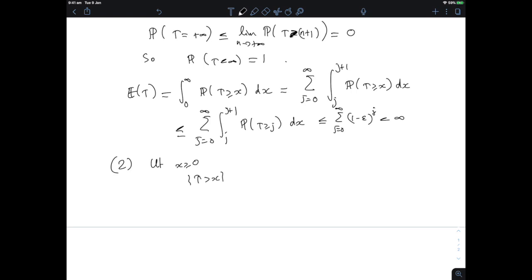Now, how do I do this? Well, tau being greater than x means that you started at 0 because B_0 is 0, and you haven't gotten out of the interval from minus b to a in that interval of time, right? Well, at least if you look at values of omega for which the trajectory is continuous, because for a discontinuous trajectory, you might jump out of the interval without hitting the endpoint minus b or a.